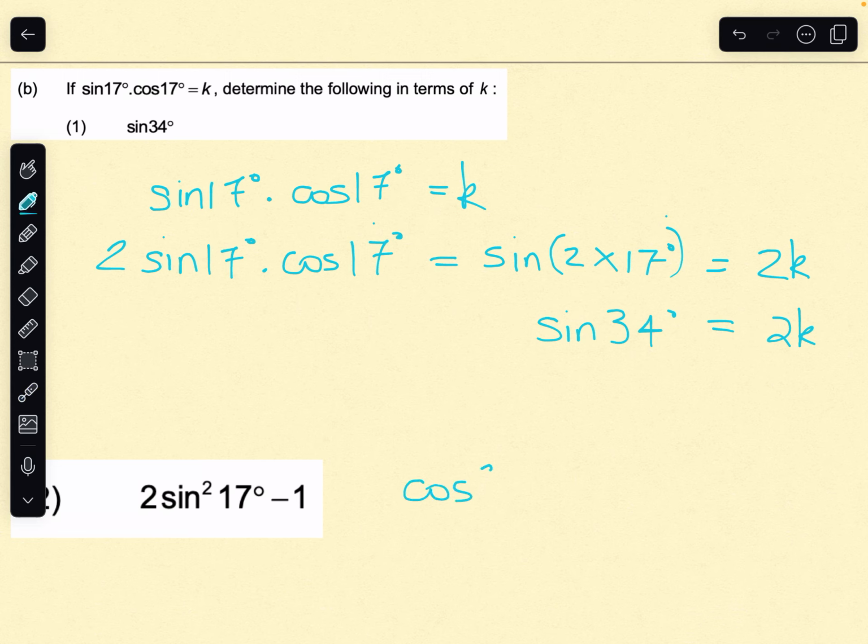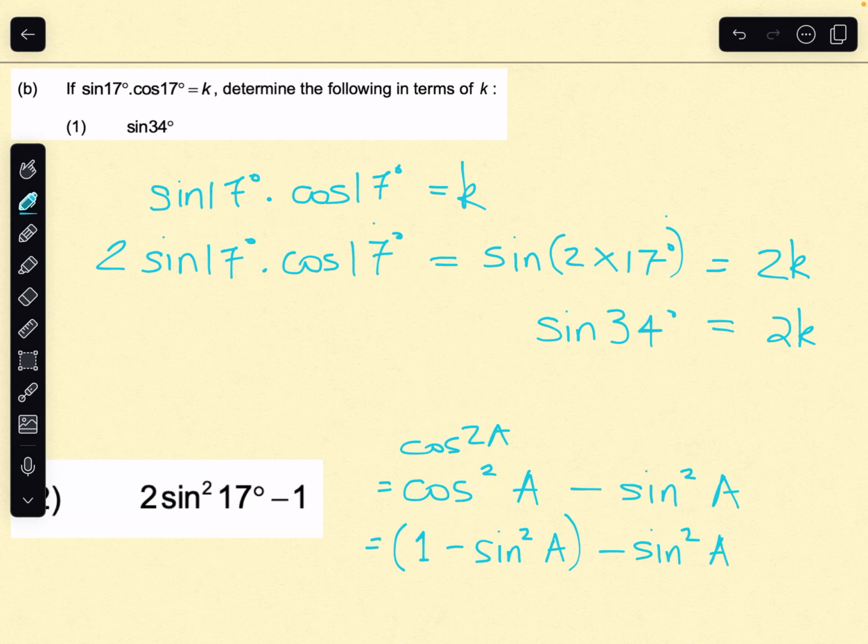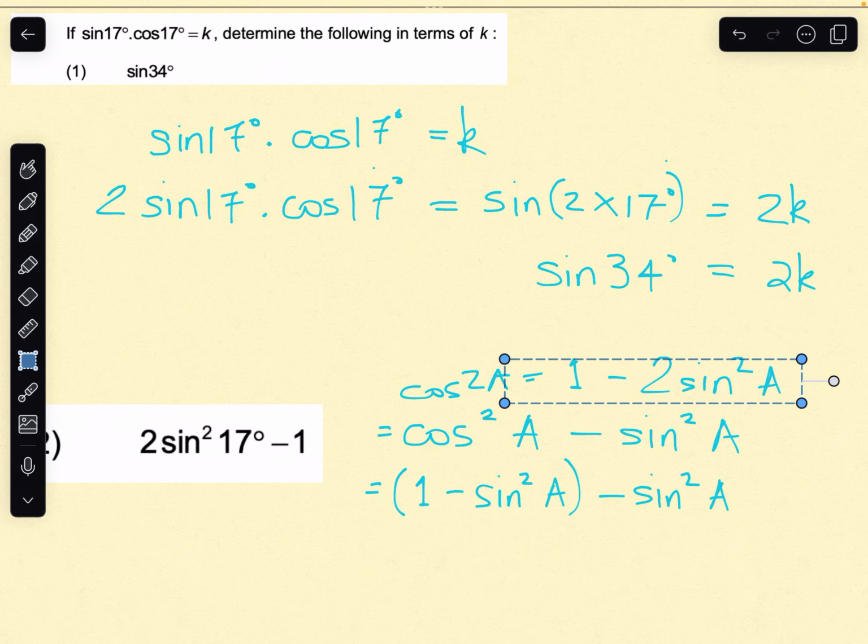So cos 2a, just refreshing my memory here, is equal to cos squared a minus sine squared a, and then you can replace the cos squared a with 1 minus sine squared a. In a nutshell, 1 minus 2 sine squared a is equal to cos 2a. So that's the one I'm going to use. That looks like the puzzle piece we need.